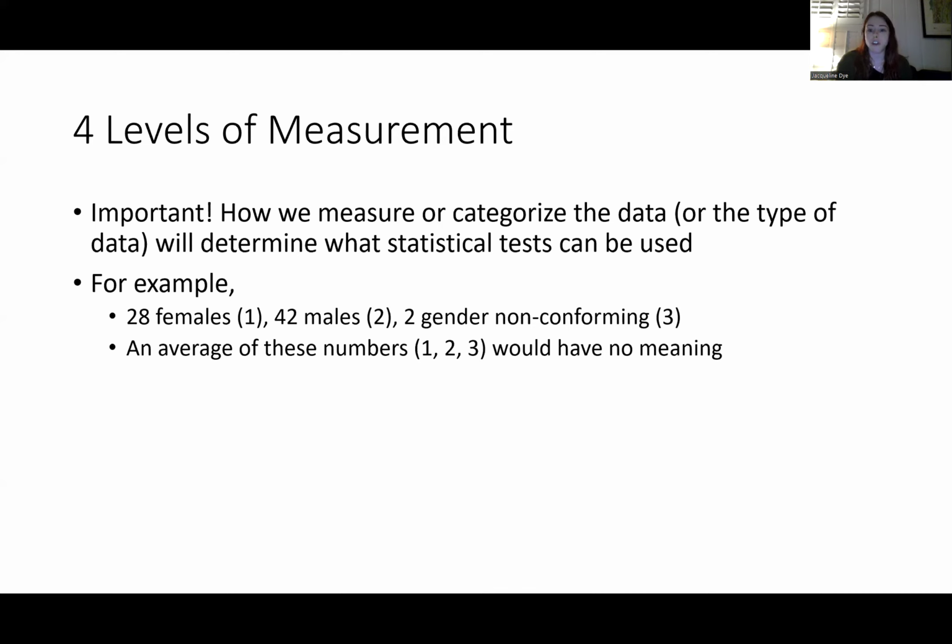And then we have 2 gender non-conforming individuals, and let's say that we assign them a category of 3. So we have 1s, 2s, and 3s. If we were to take an average of these numbers, 1, 2, and 3, this would have no meaning whatsoever because the type of variable that this is a category. We're talking about a category of individuals, which is commonly used for various demographics.